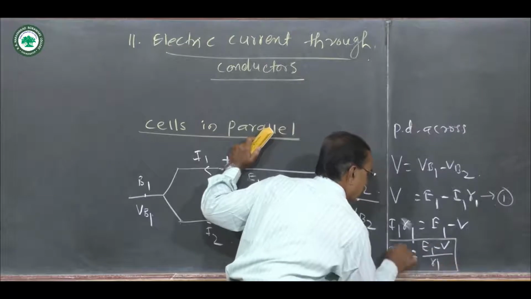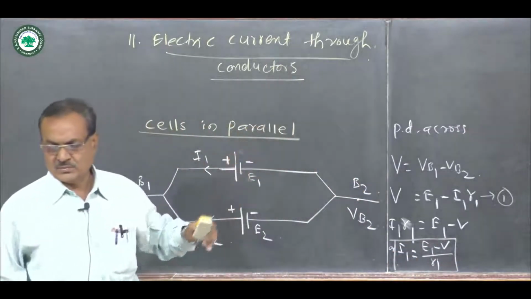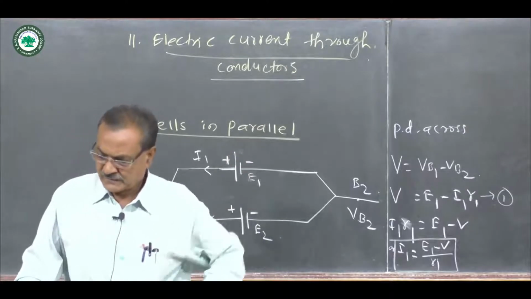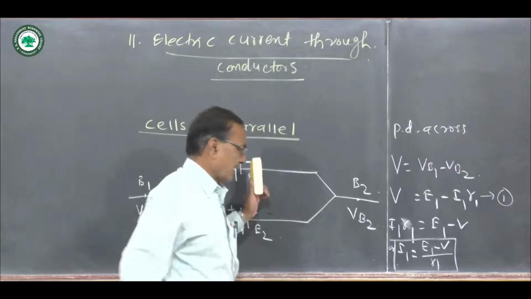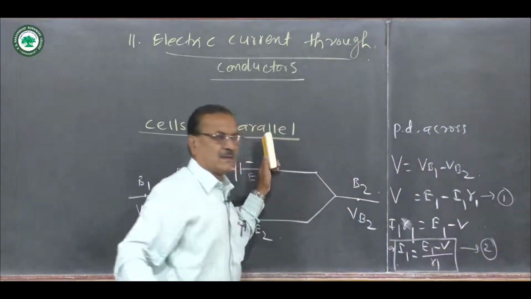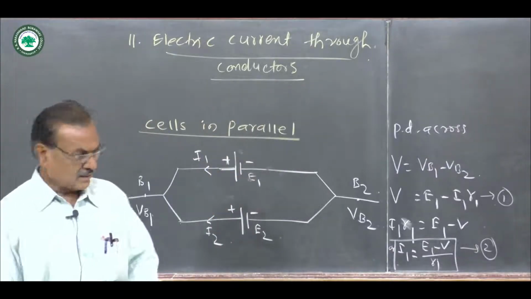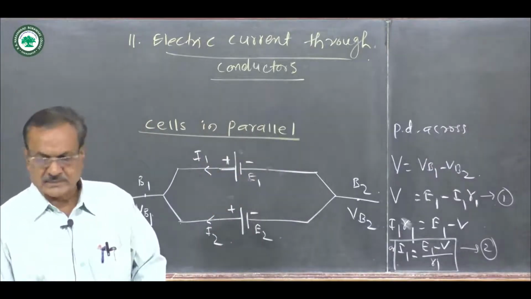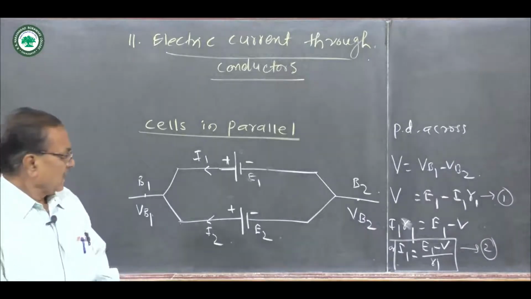This is the value of current I1 flowing through the cell E1. Suppose we write it as equation number 2. Similarly, we can find the value of current I2 flowing through cell E2.